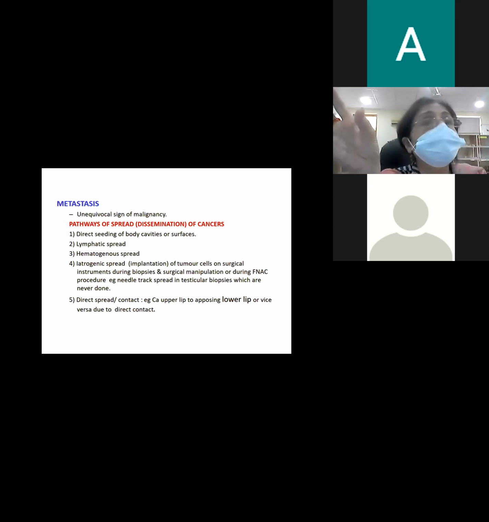अब कुछ tumors होते हैं जो कि कोई metastasis नहीं produce करते, कुछ malignant tumors होते हैं जो कि metastasis नहीं produce करते, and the classical example of those tumors is basal cell carcinoma, which is a tumor of the skin.